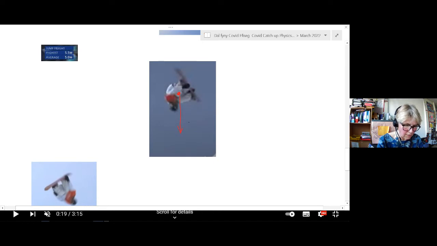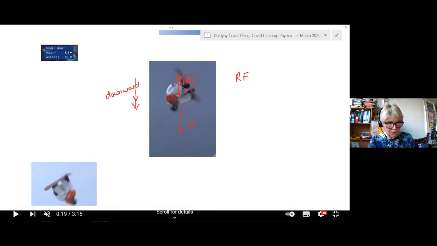There's the weight acting down, but because now he's moving downwards, his resultant force in this case, he's got air resistance acting up, he's got the weight acting down, and it all depends on the size of this air resistance to see how much the resultant force is acting in order to know how much he's going to be speeding up.